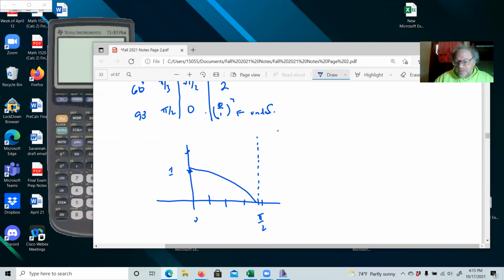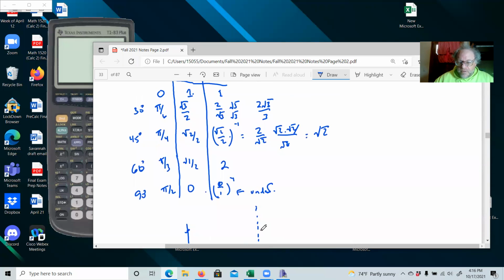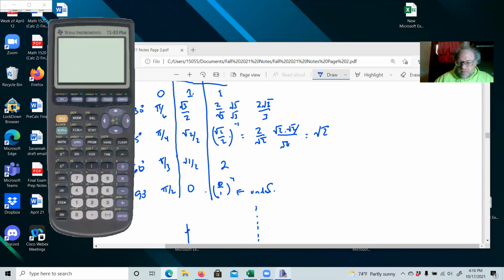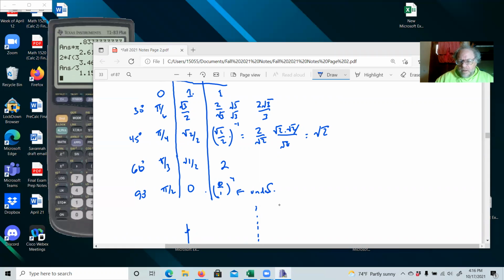We're going to have an asymptote at pi over 2. 1 over 1, if I reciprocate that, is still 1. And then look at what's happening here: 2 root 3 over 3. What value is that? That's 2 times square root of 3 divided by 3, about 1.15.